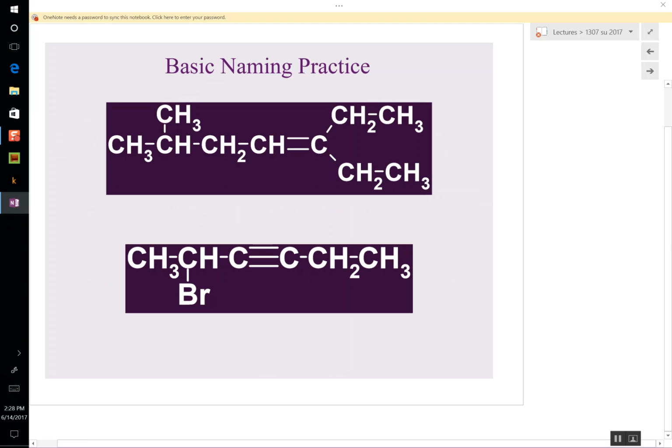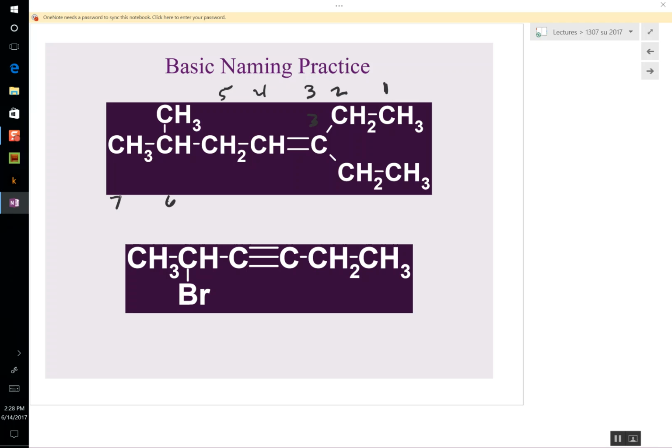So for example, here's number 1, 2, and this is carbon number 3, 4, 5, 6, 7. Why?